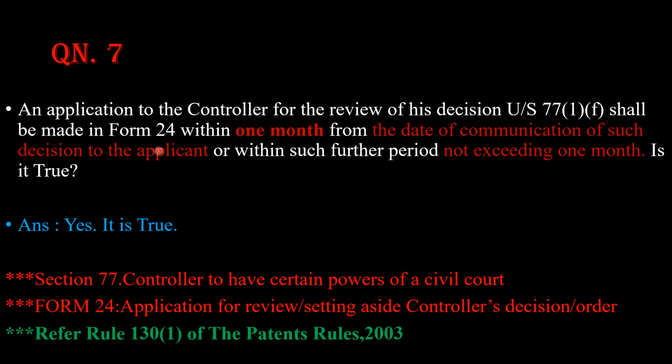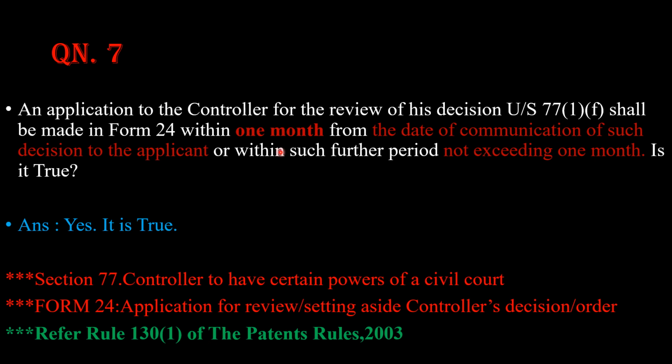This is one condition. Or within such further period. What will be the further period? There can be an extension of 1 month as well, not exceeding 1 month. That means the extension period is 1 month. Now tell me, is it true?